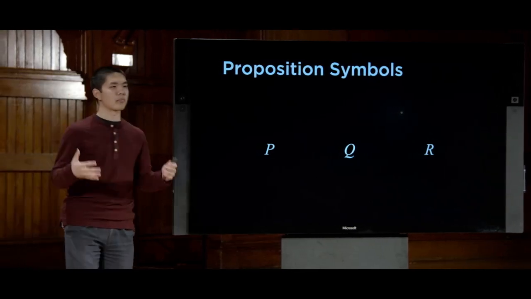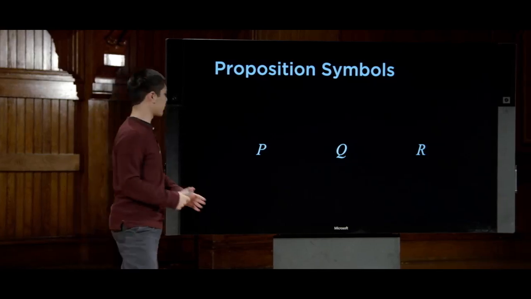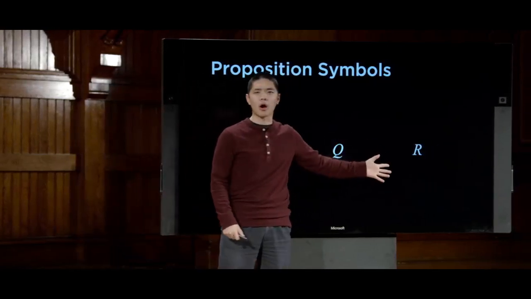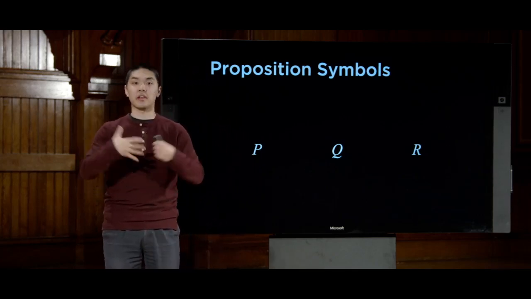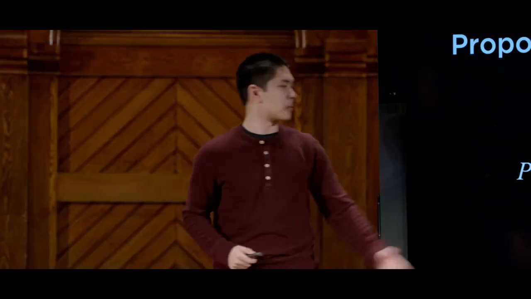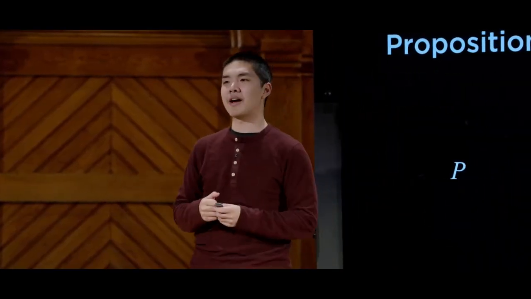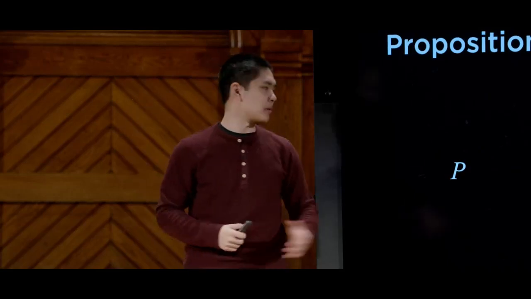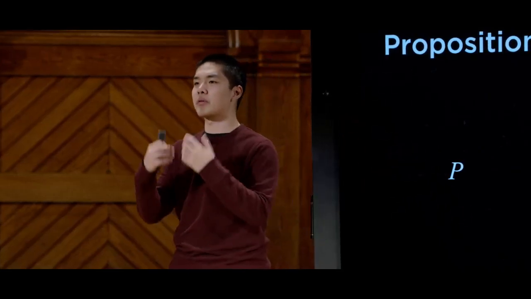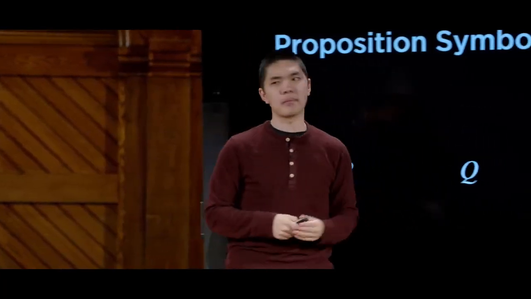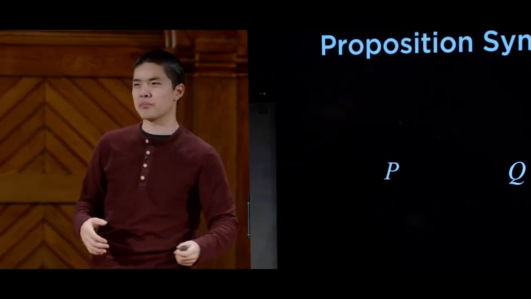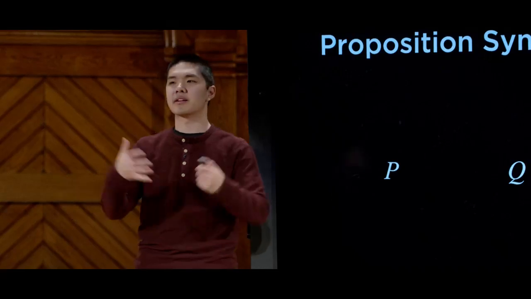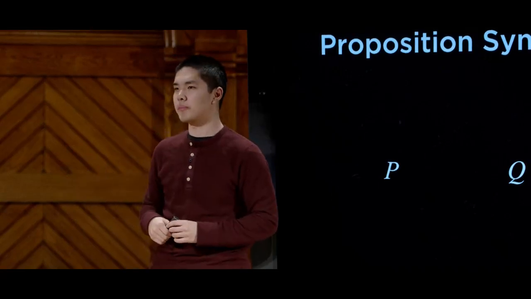We will have certain symbols that are oftentimes just letters, something like P or Q or R, where each of those symbols is going to represent some fact or sentence about the world. So P, for example, might represent the fact that it is raining. And so P is going to be a symbol that represents that idea. And Q, for example, might represent Harry visited Hagrid today.